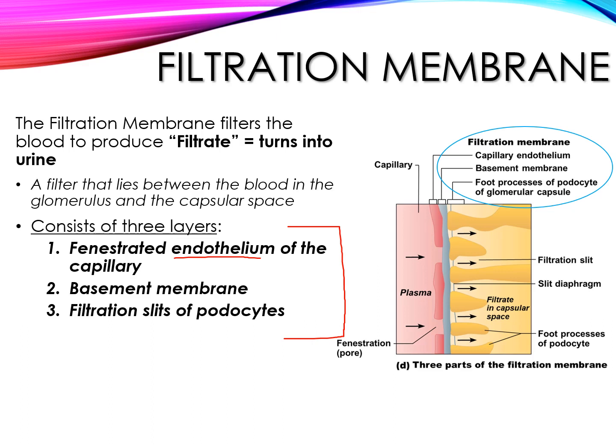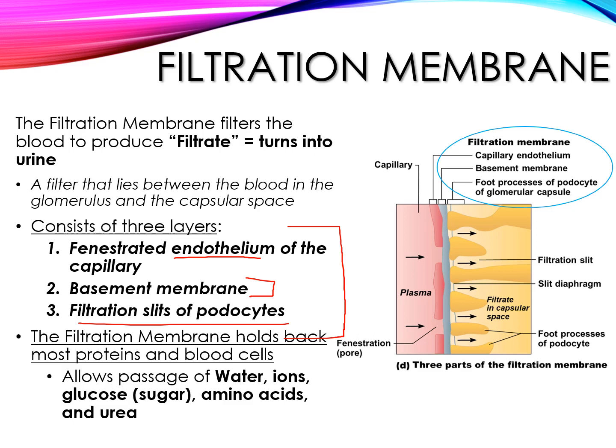We have the fenestrated endothelium of that capillary, which is just another word for epithelium, right? So fenestrated endothelium of that capillary, basement membrane, and then those filtration slits of the podocytes, those cells with feet. And that's what's going to create the filtrate from the blood.